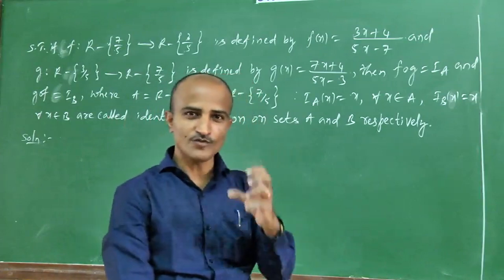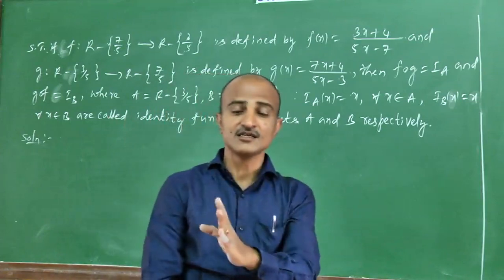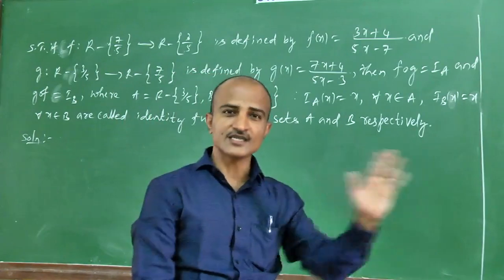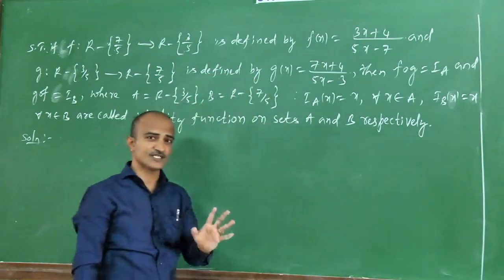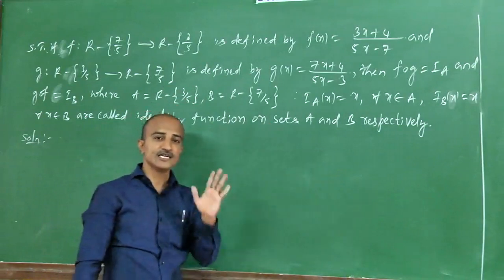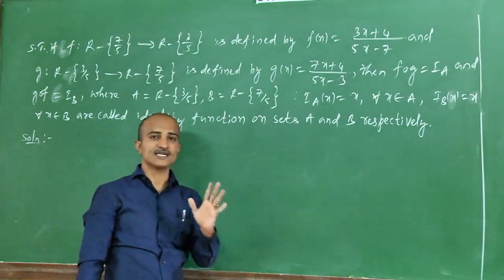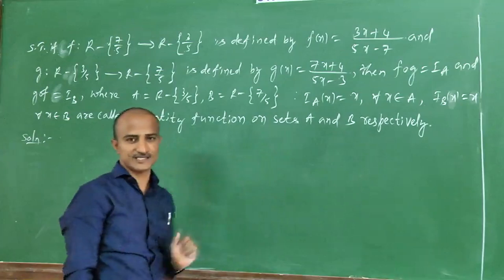If you know how to find the domain and range of a function, then it is easy to understand the concepts of functions, and the concepts of relations and functions are very important for understanding mathematics.